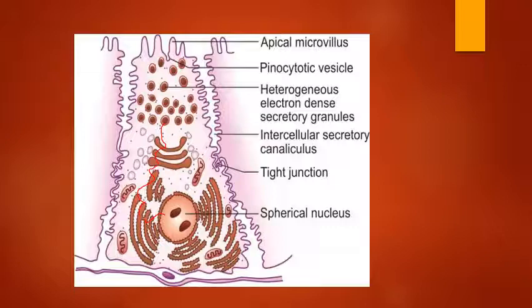The heterogeneous electron, as it is labeled, the secretory granules are present over here, and from here the vacuole fuses with this membrane and releases these granules into the lumen, right. So this was the process of the production of zymogen granules, and the other activities are also going on.